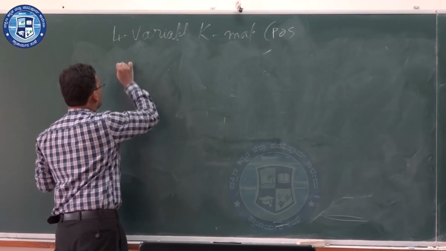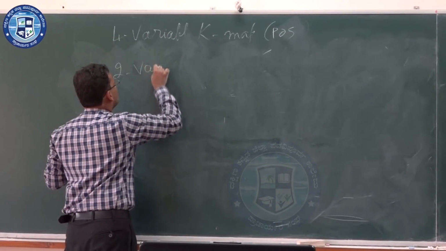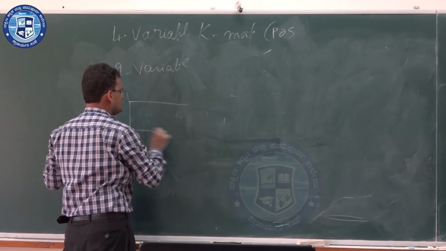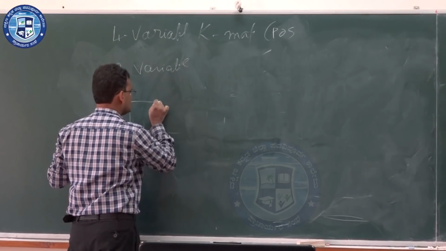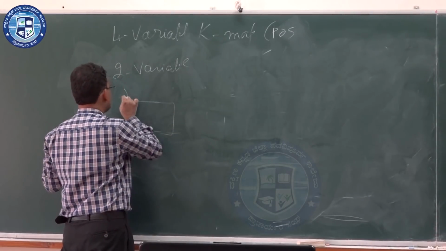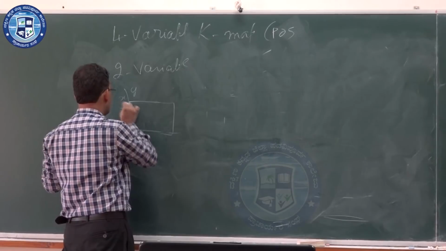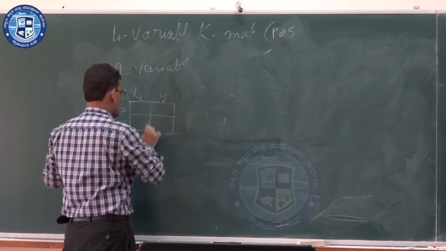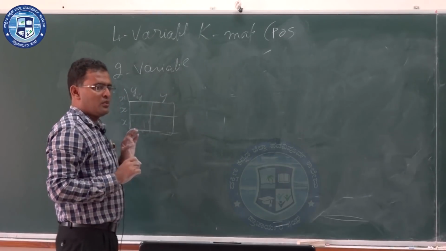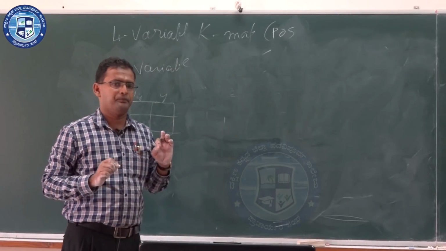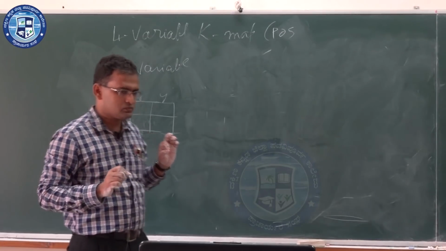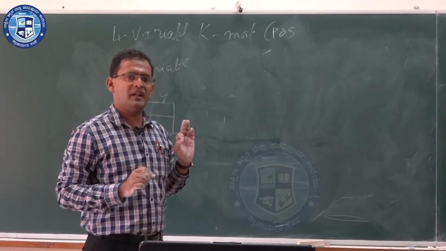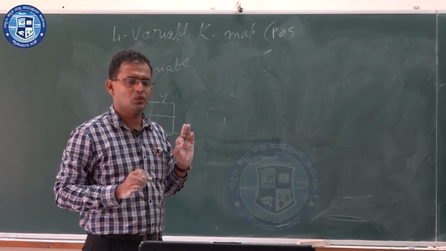Quickly I will go through that. For the two variable K map, x and y, x bar, x, y bar, y. What you need to remember is one thing: for POS, product of sum, x is equal to 0 and x bar is equal to 1.